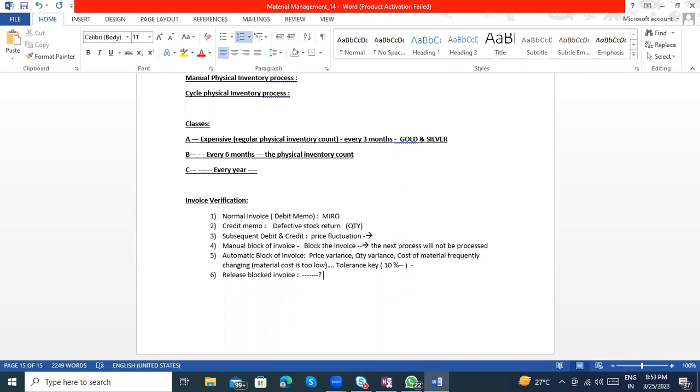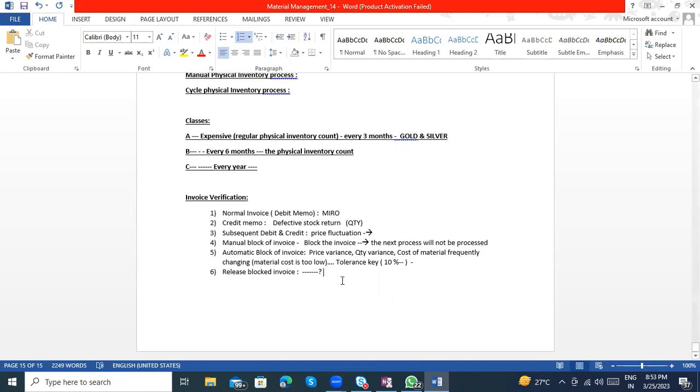Okay, so flag for deletion. That is different. If you flag for deletion, you cannot create a purchase order to that vendor.